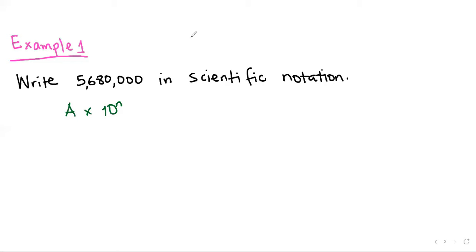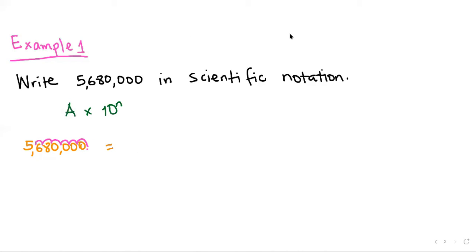So our number is 5,680,000. Now, first of all, we must make sure that this number is less than 10, but more than or equal to 1. So to do that, we will assume that we have a decimal point here. So we will move 1, 2, 3, 4, 5, and 6.